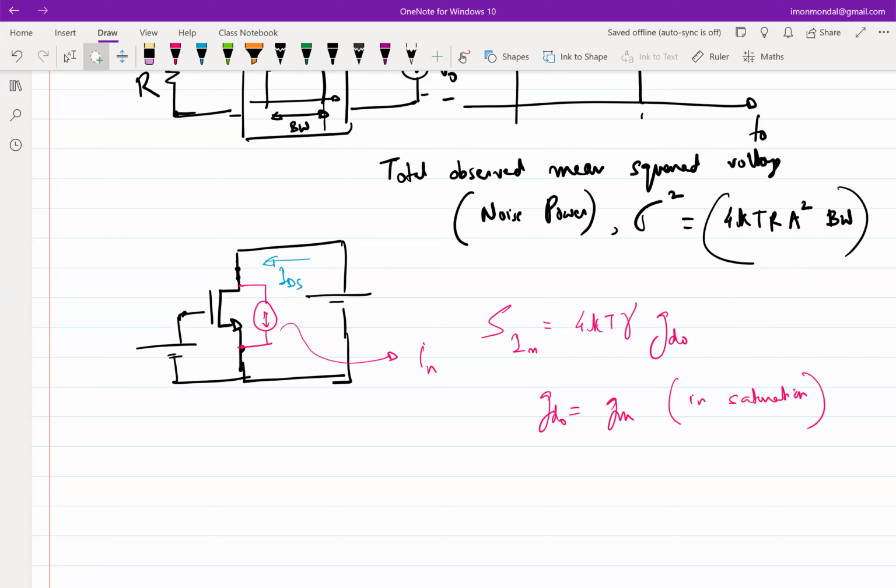And this gamma is a fitting factor, and for long channel devices it comes out to be 2/3. For short channel devices, it's slightly more than 2/3, but we'll go with 2/3 because we're not bothered about the small differences. As long as we are in the ballpark range with the hand calculation, we are good.